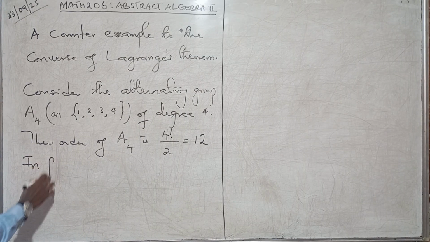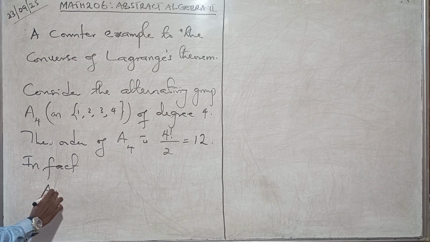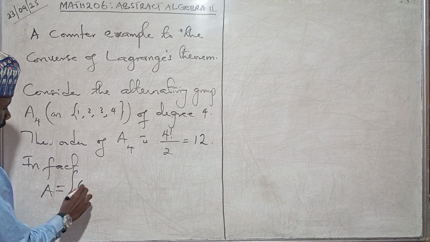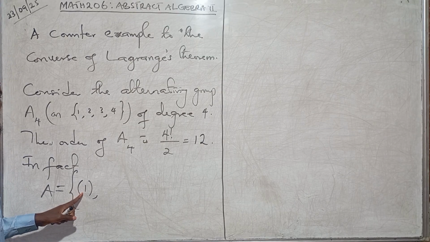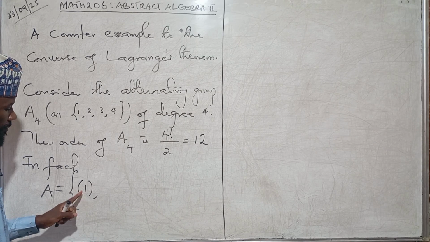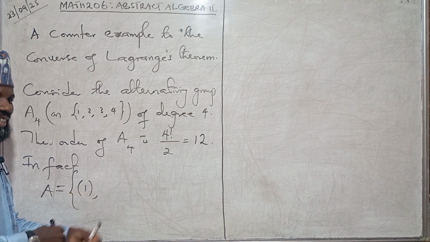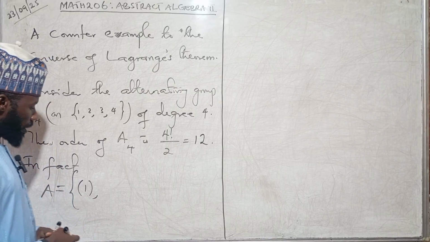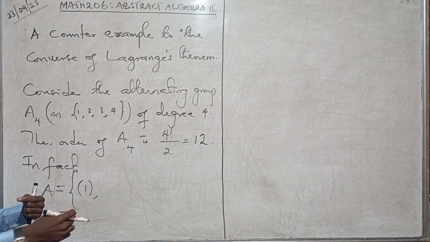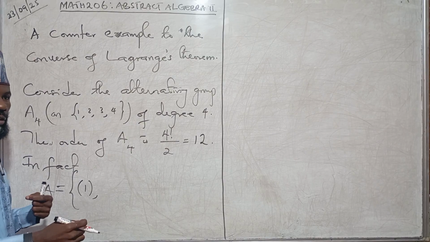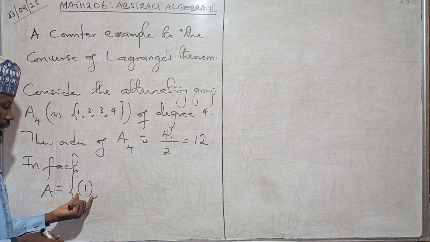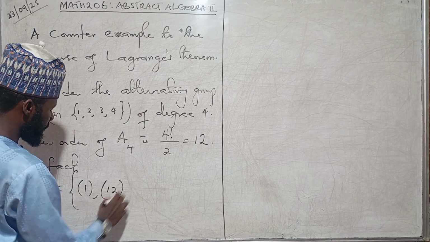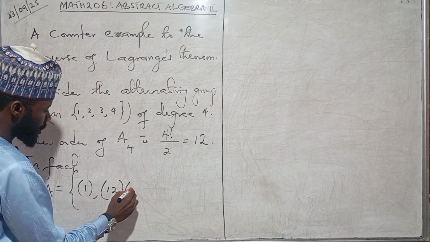A4 consists of the identity. The identity is a member of A4 because it is an even permutation. Now, a cycle of odd length will always turn out to be an even permutation. Roughly speaking, we define an even permutation to be a permutation that can be expressed as a product of an even number of transpositions.